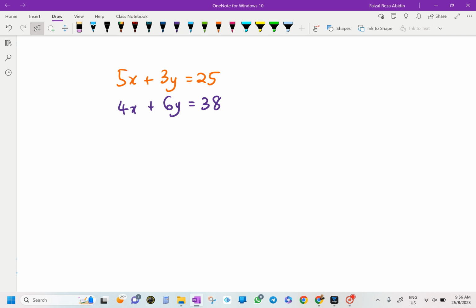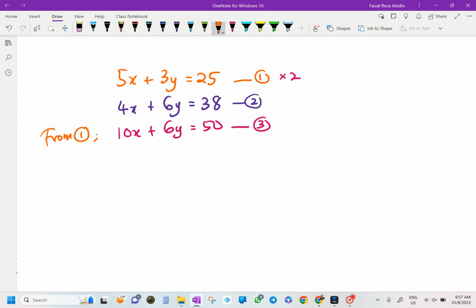But if you look at y, if we want to eliminate y, the first equation only, you are going to multiply by 2, so that we have 6y the same as our second equation. So what do we get for our third equation? 10x plus 6y equals 50. This is from our first equation. It's easier.